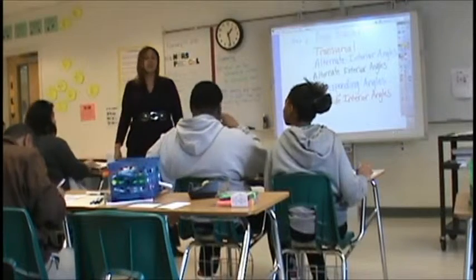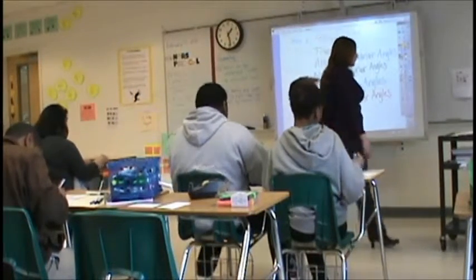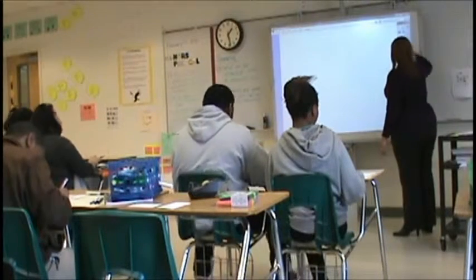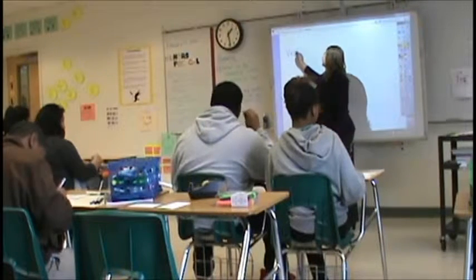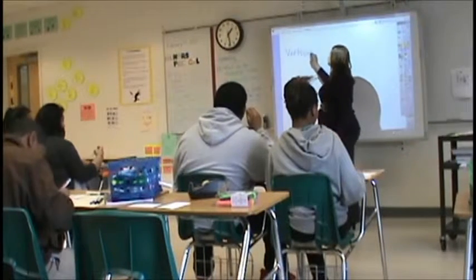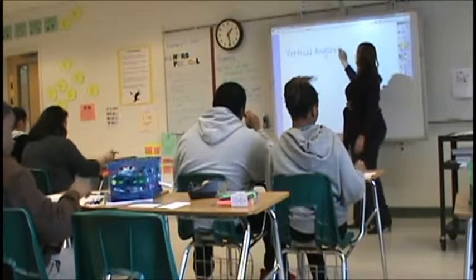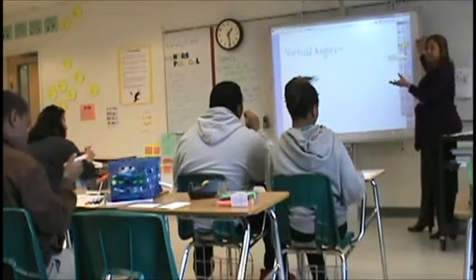Vertical angles. What are they again? Somebody knew before lunch what they were. Angles that are vertical, yes. Angles that are straight across from each other and they have the same angle. Okay. And that's really about the definition that I would use.